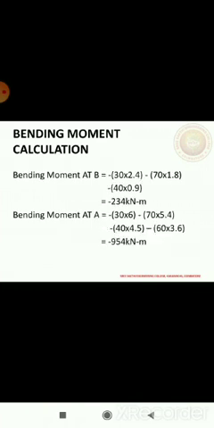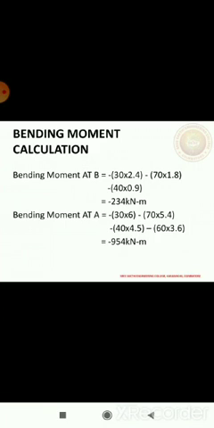Next we calculate for point B. First we check B and E. For B and E, the load is 30 kilonewton and the distance between B and E is 2.4 meters. So minus 30 into 2.4.